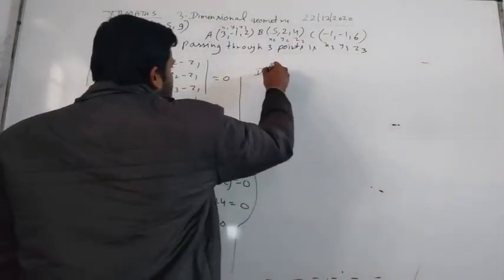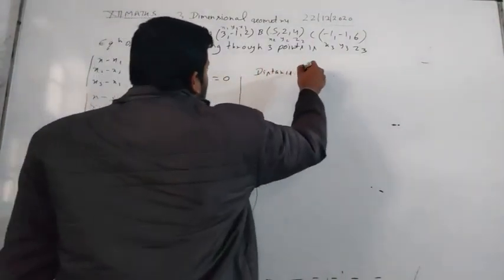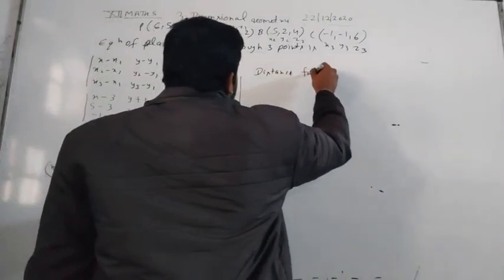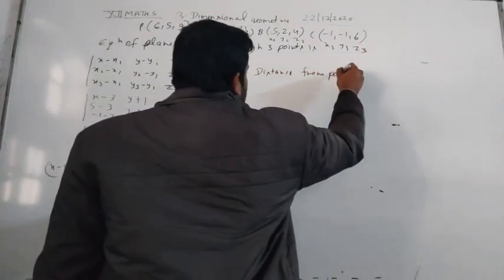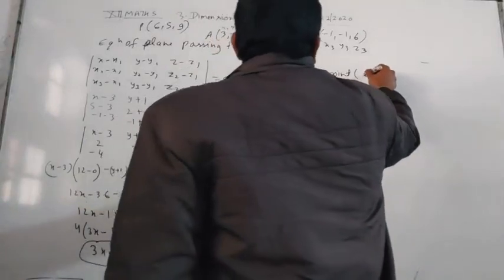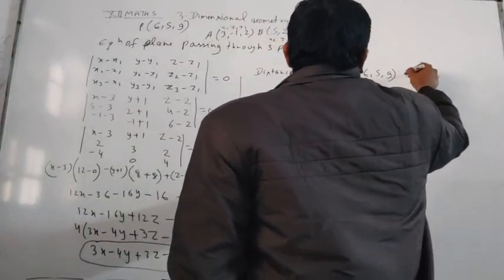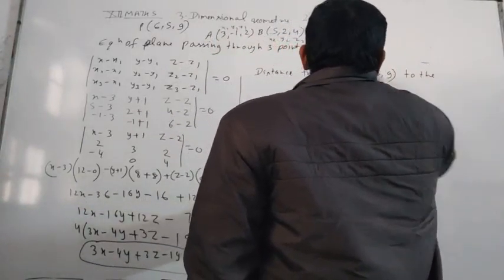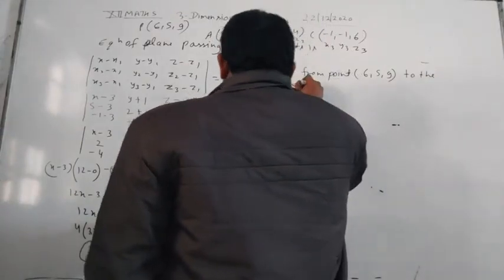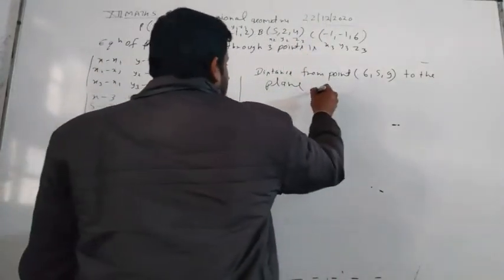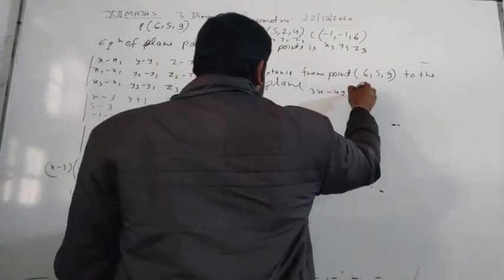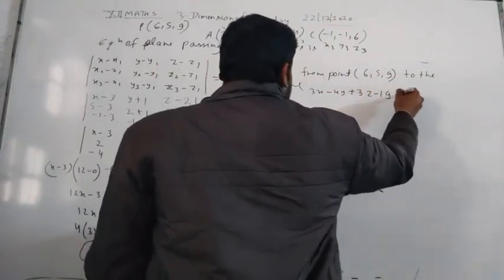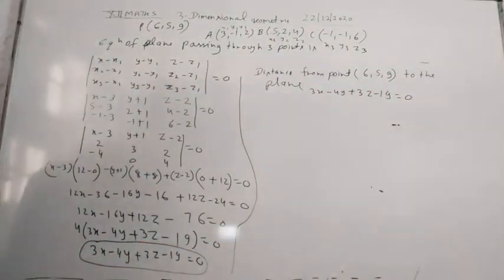Okay, we have to find the distance from the point (6, 5, 9) to the plane 3x minus 4y plus 3z minus 19 is equal to 0.